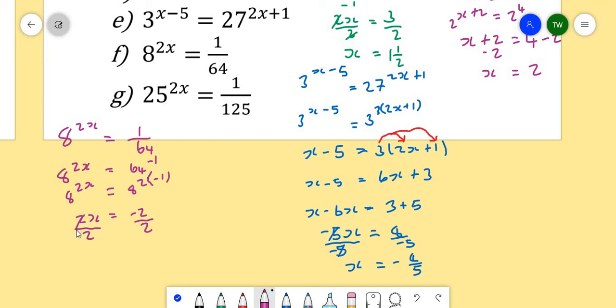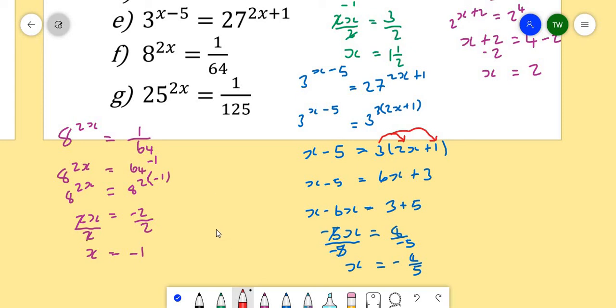So the 2 will cancel out this 2 here. What we're left with is just x is equal to negative 2 divided by 2. That's going to give us a negative 1. And we're finished. Now we have one more that is similar to this one.